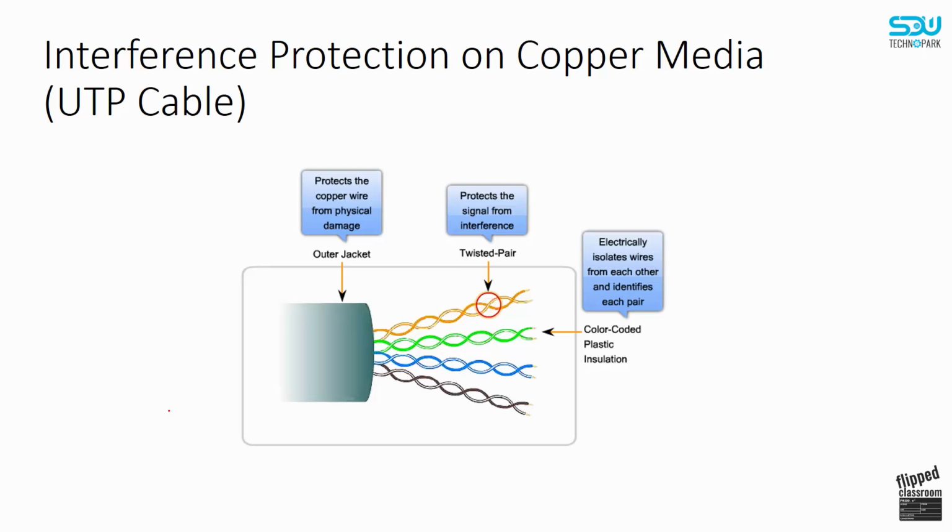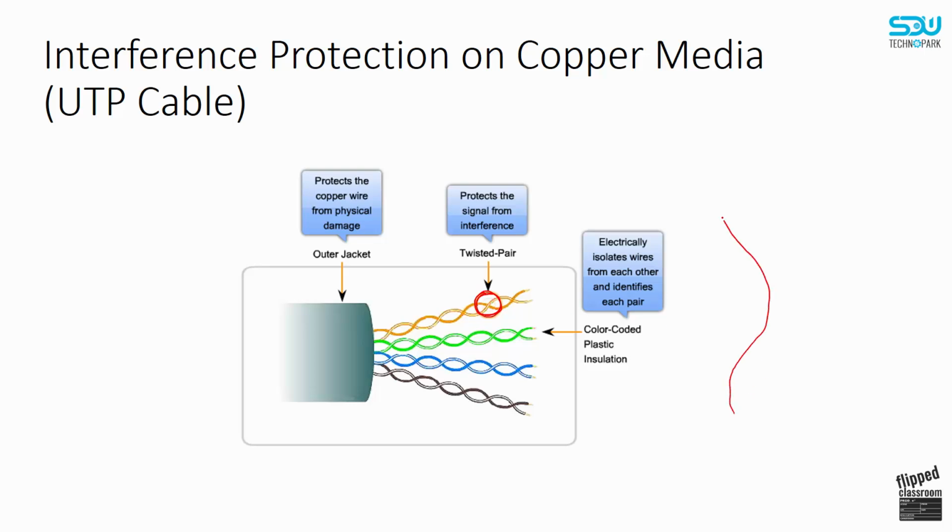Alright, interference protection on the copper media. We have some elements of interference protection on unshielded twisted pair, and this twist is actually protecting from the interferences. We have 4 pairs which are twisted, and their twists are different.